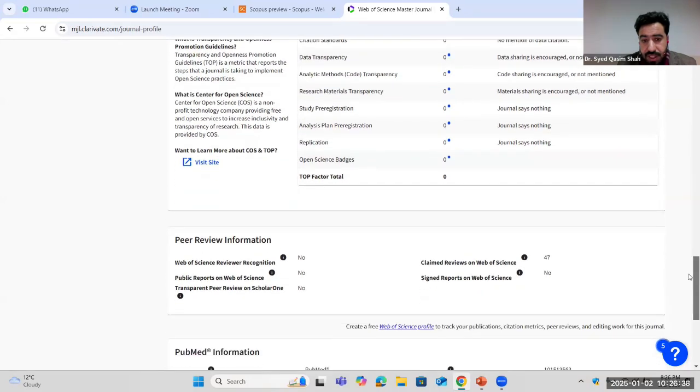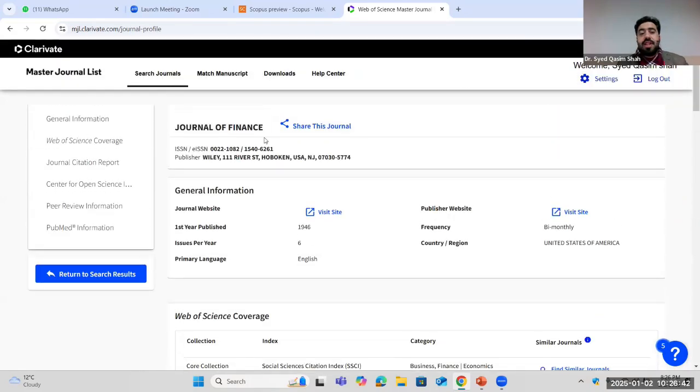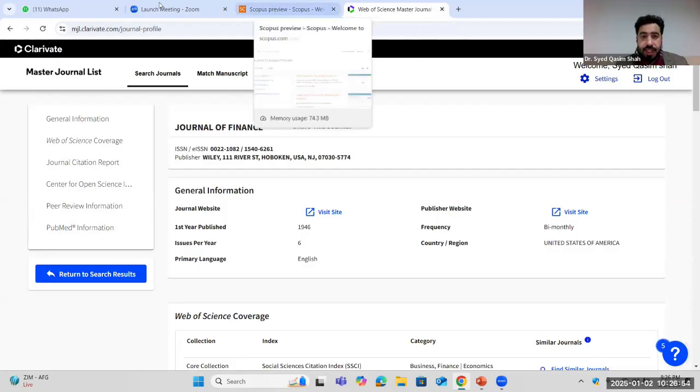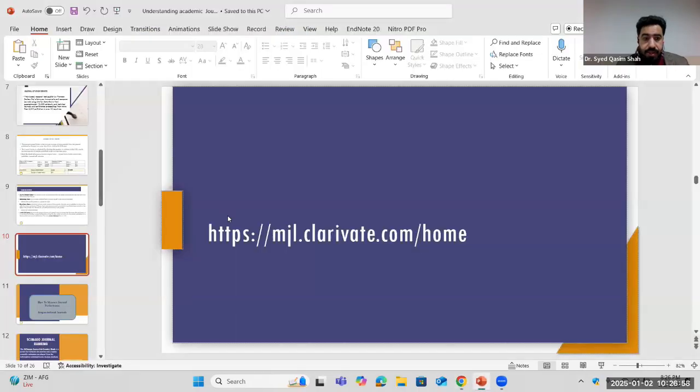It means whenever we want to publish something, we need to check this particular journal, and we can find the whole detail of the Web of Science, right? So this is generally what we were talking about, Web of Science. All this information is available over there, right?